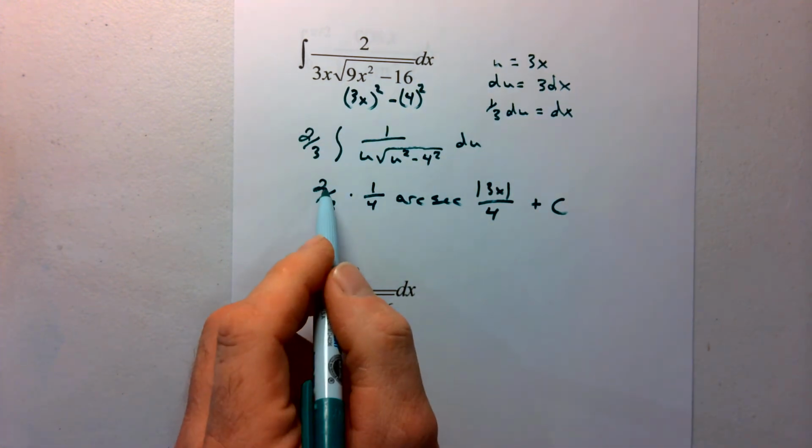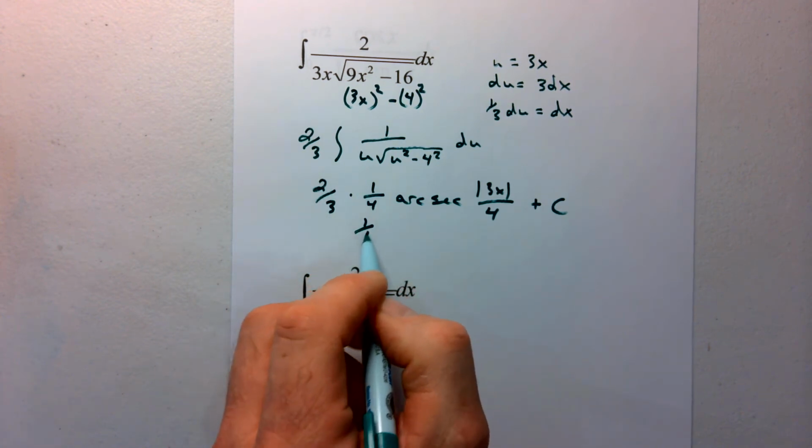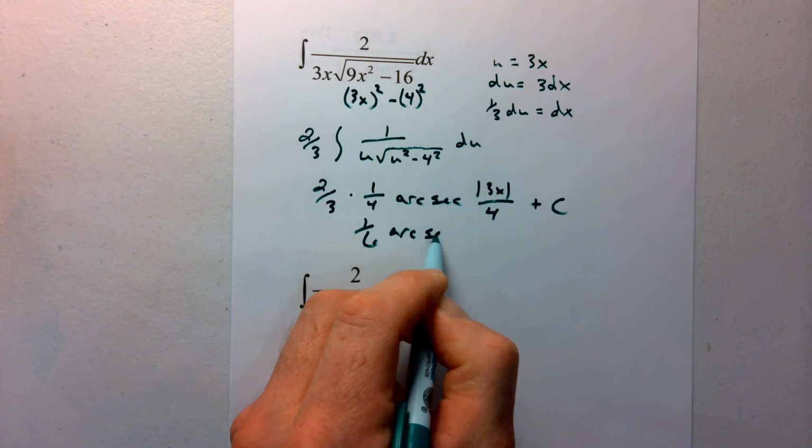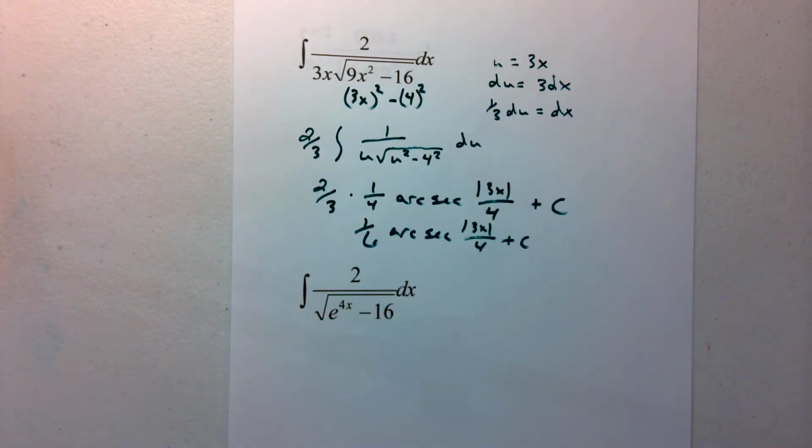Now we can go ahead and clean this up. 2/3 times 1/4, that's going to give us 2/12 or 1/6, the arcsecant of the absolute value of 3x divided by 4 plus c. And there's our final answer.